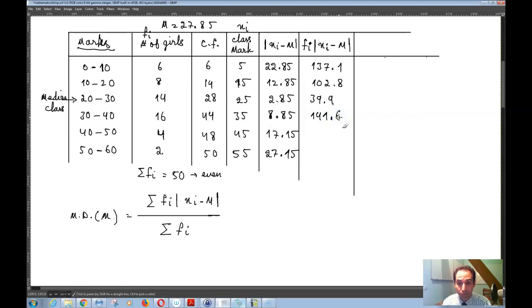Then 4 times 17.15 is 68.6. And then 2 times 27.15 is 54.3.